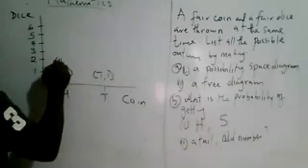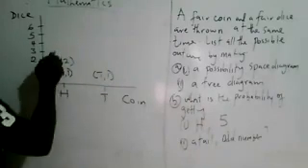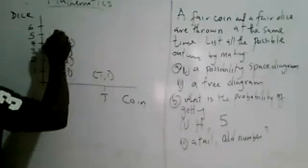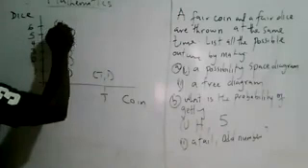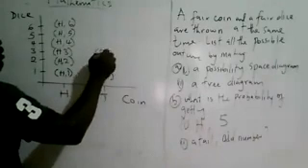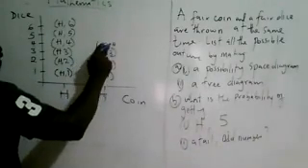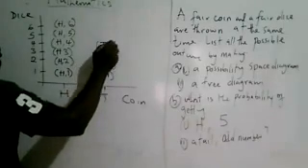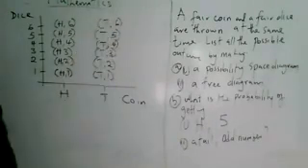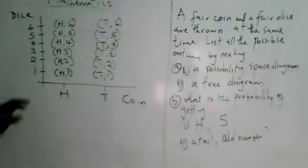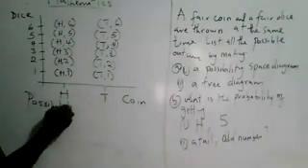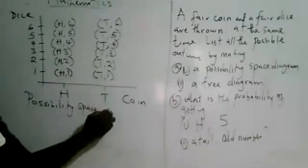You could get head and 2, head and 3, head and 4, head and 5, head and 6. Tail and 2, tail and 3, tail and 4, tail and 5, and tail and 6. So look at all of these. This is what we call a possibility space diagram.